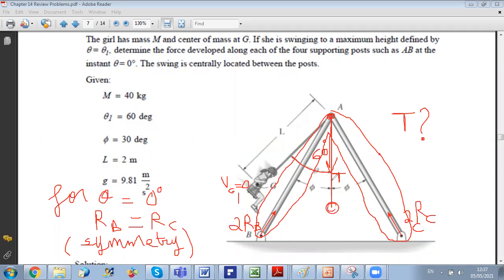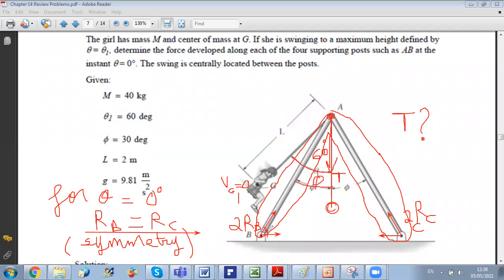If you take the legs as system, you can write sum of y equals 0 and sum of x equals 0. Along x, the equation will not give you anything new because you already used the symmetry. From symmetry, you got that RB is equal to RC. You can find this result also if you do sum of x, because if you project on x, the x components will cancel out because you have 2RB times cosine of this angle, or if you want, sine phi, because this angle here is phi.